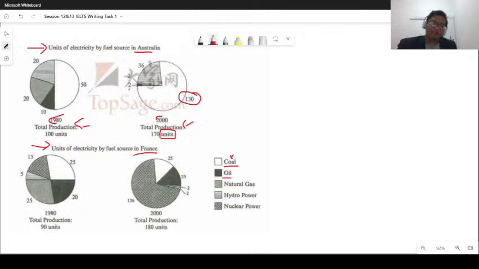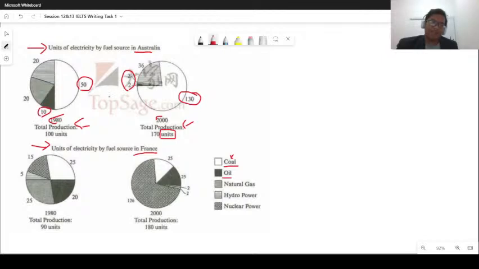And the smallest, you can see there are two here, it's hard to tell, but that's most likely oil. And then if you take a look at the 1980s, it showcased a similar trend. So 50 units for coal and for oil 10.